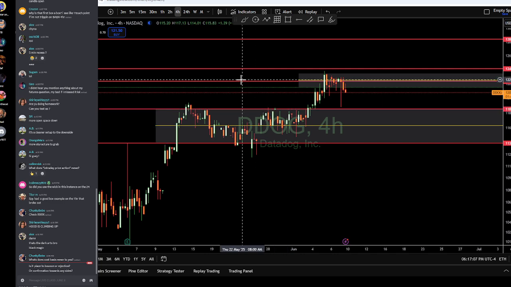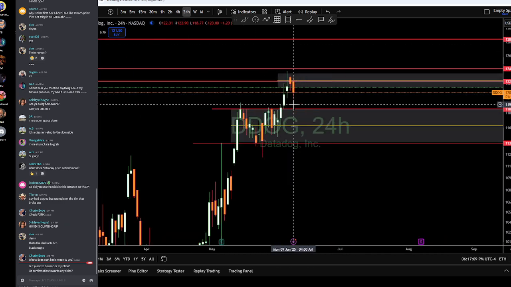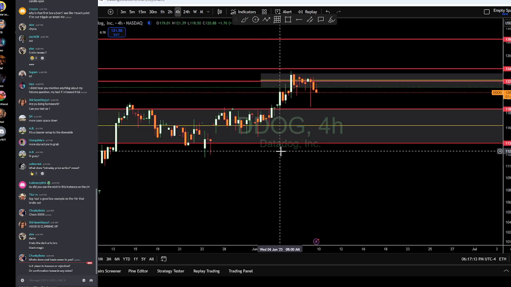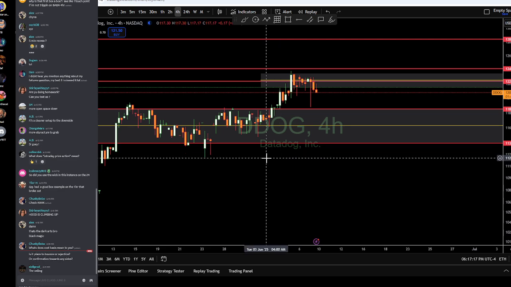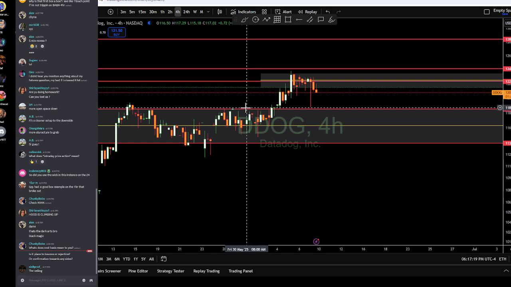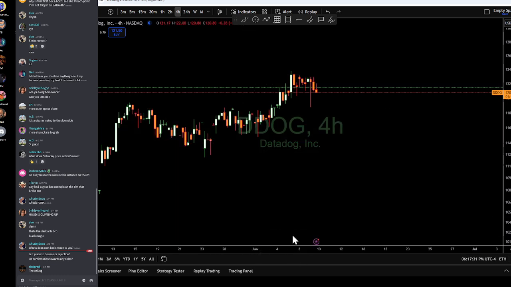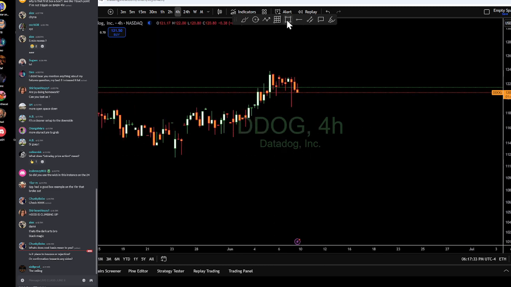What changes between the 24-hour where we're all consolidated up and the 4-hour here? You no longer have a 24-hour box that is cohesive with the 4-hour time frame. The box falls apart, and it's still consolidation, but what's happening here?